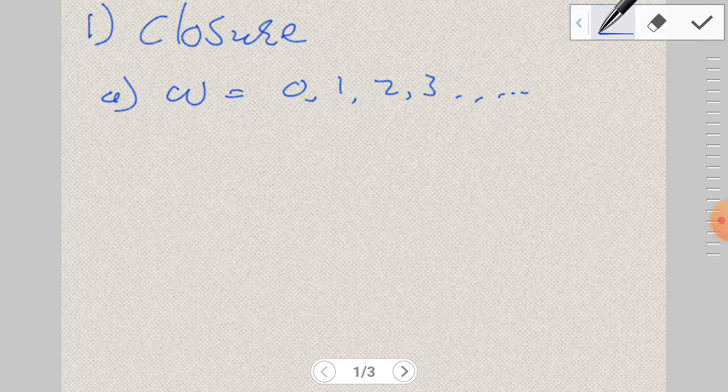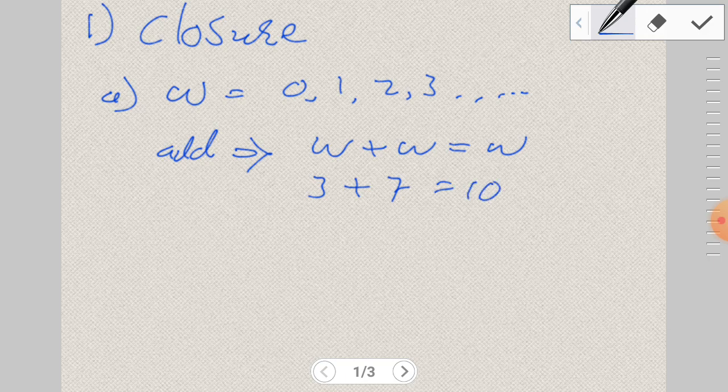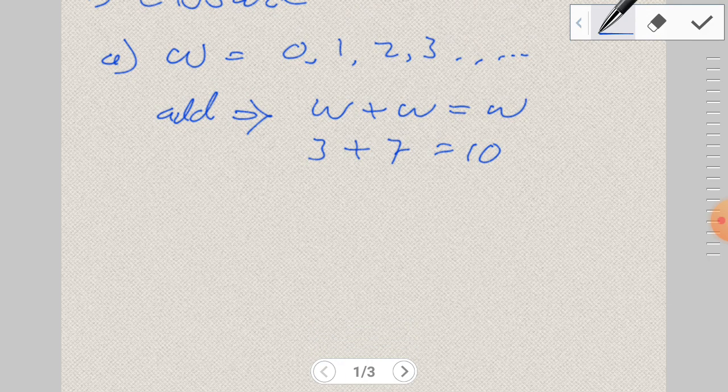So what the closure property says is that if we add a whole number to a whole number, its answer will be a whole number, like 3 plus 7 becomes 10. Same for subtraction: if I subtract a whole number from a whole number, it should be a whole number.